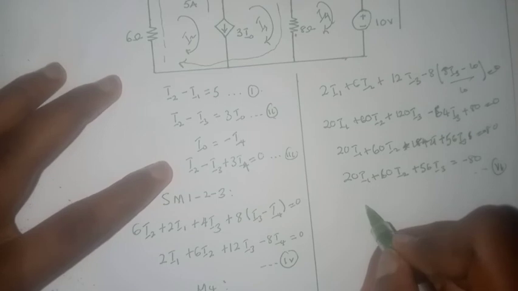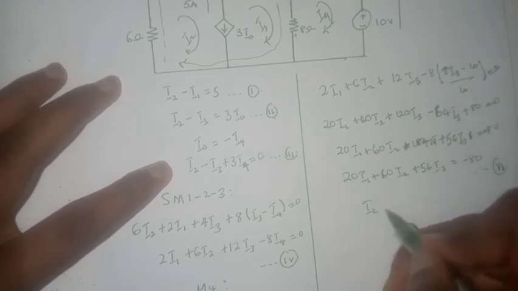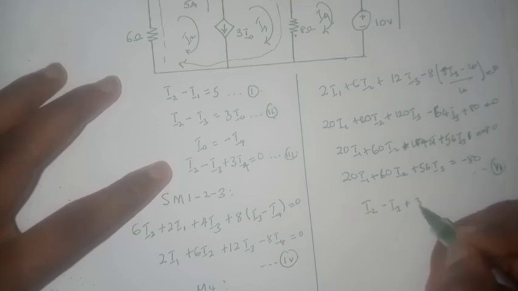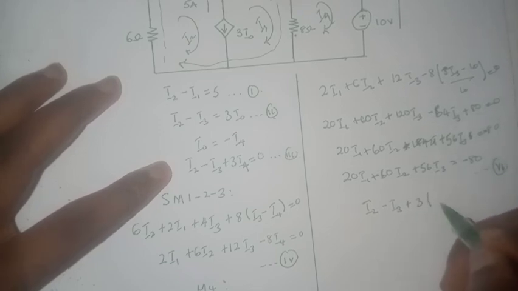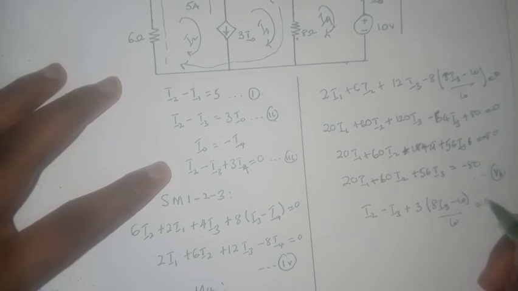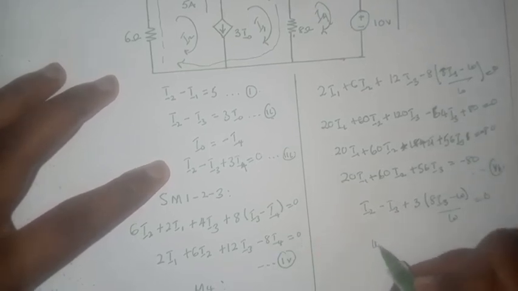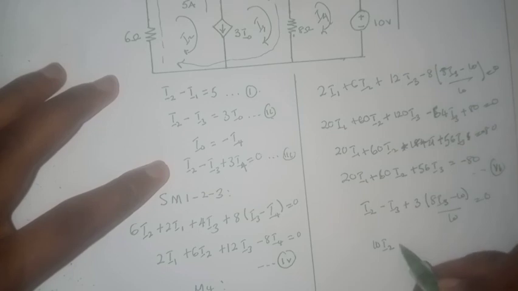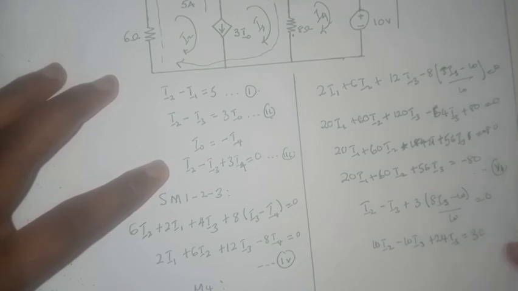We would have I2 minus I3 plus 3 into 8I3 minus 10, all divided by 10, equals 0. Multiply through by 10, we would have 10I2 minus 10I3 plus 24I3 all equals 30.